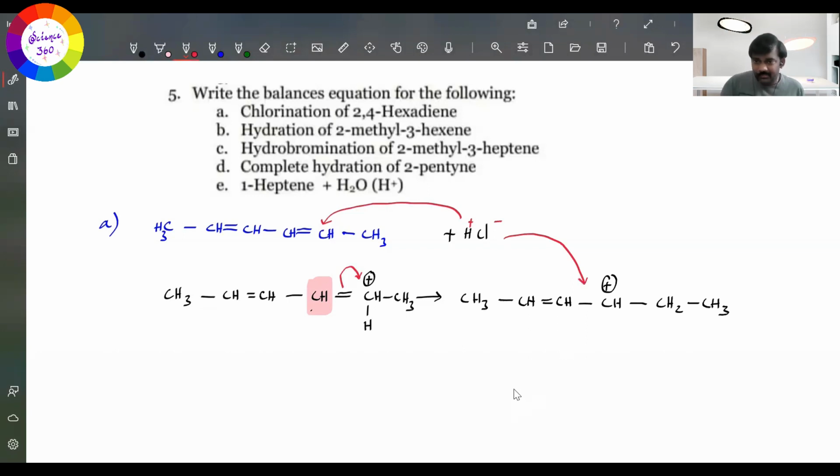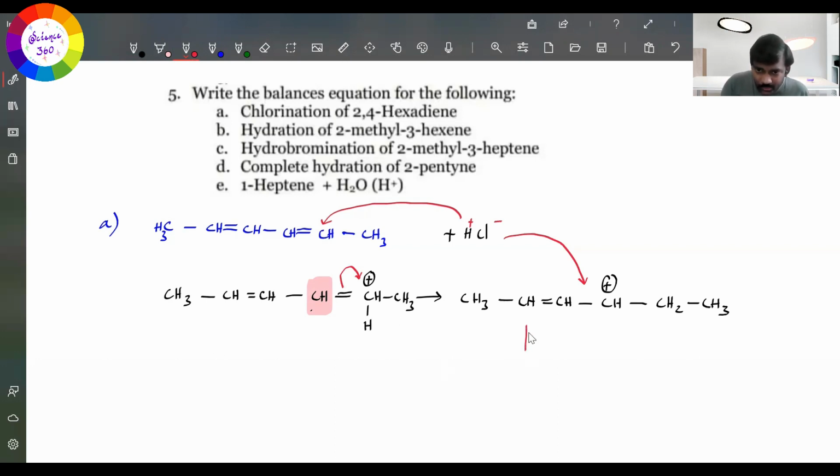Or else, at the same time, there is a conjugation between the pi bond and the positive charge. So a shifting of the sigma bond can also happen. If the shifting happens, then the positive charge will shift to the fourth carbon. Let's see what happens here.